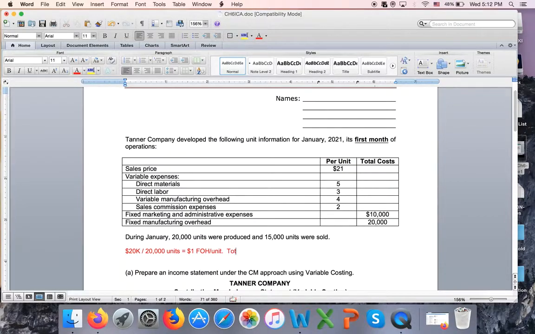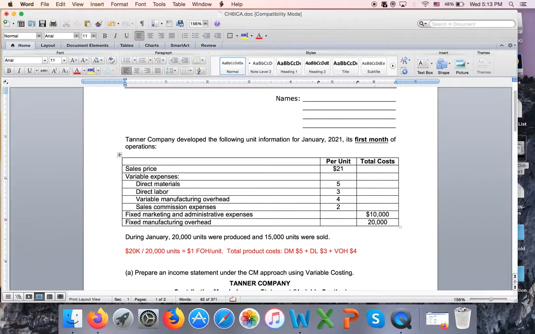So the total product costs would include direct materials, $5, plus direct labor, $3 right here, plus variable overhead, that's $4.